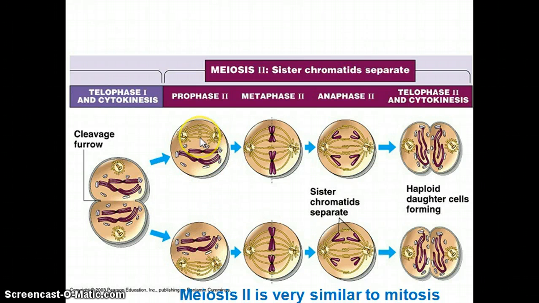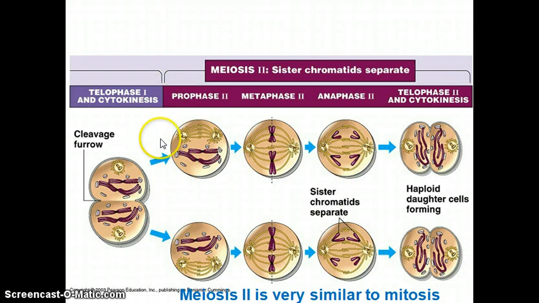And our two daughter cells immediately go into prophase 2. So in prophase 2, we have a spindle apparatus being formed again, and the chromosomes, each still composed of the two sister chromatids, are starting to move towards the metaphase plate.